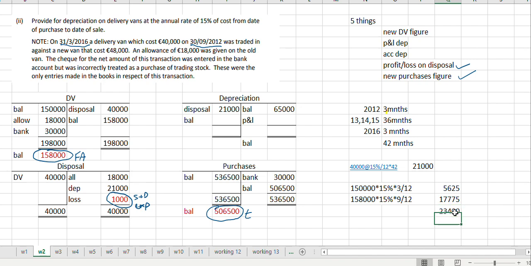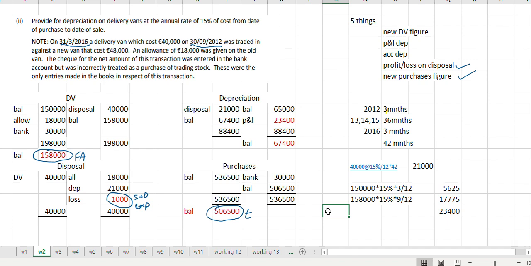That's the figure we are looking for, 23,400. It goes up here, 23,400. Now, by balancing this account, we will find out what the accumulated depreciation is for the year, which is 67,400. Goes down here, 67,400. So here's my final two figures that I'm looking for.